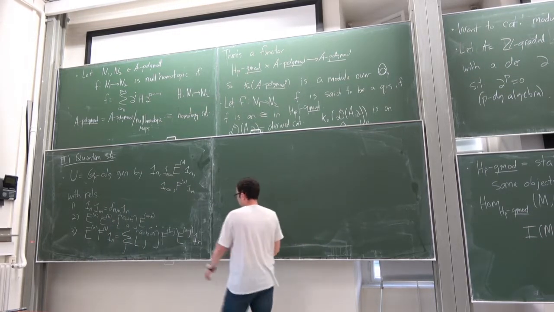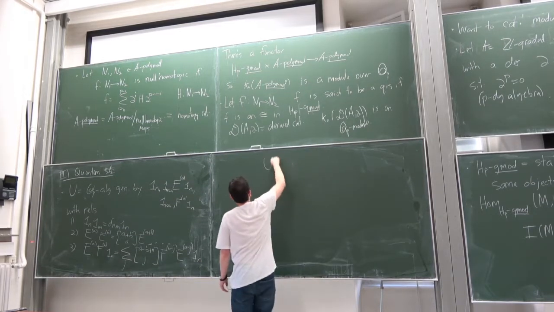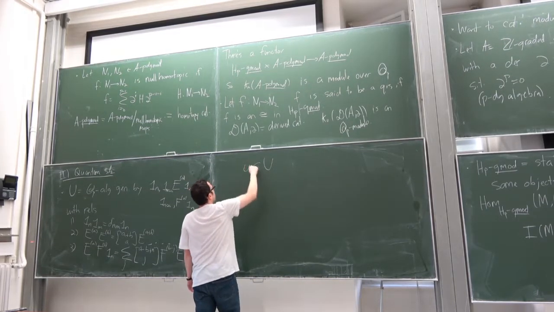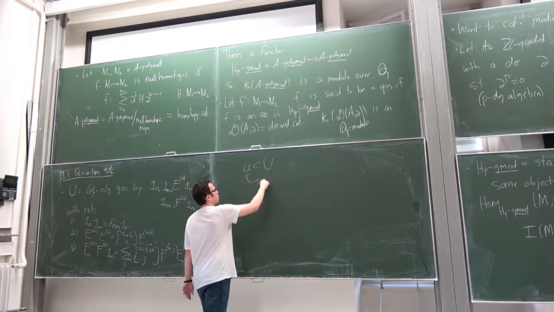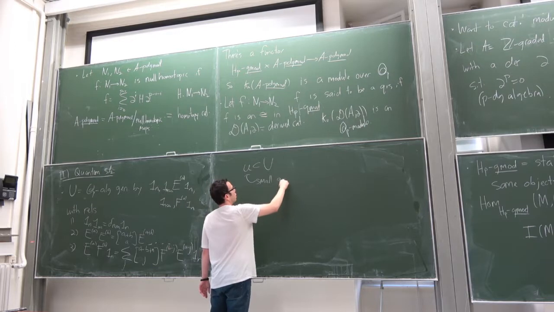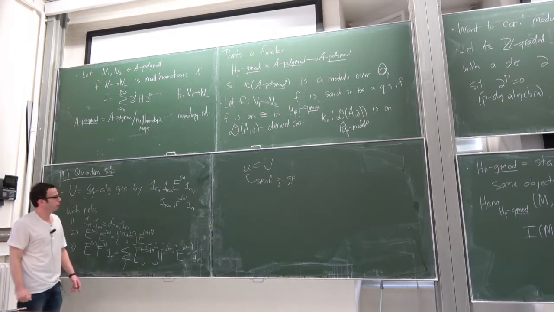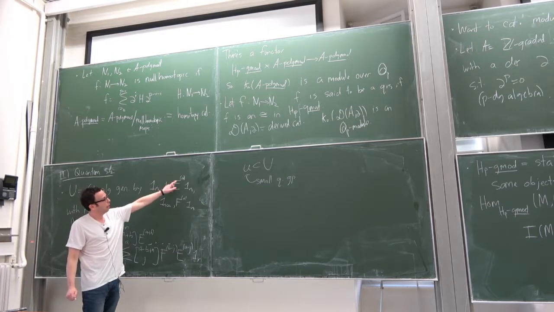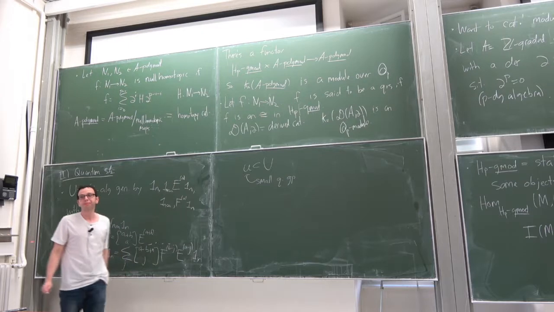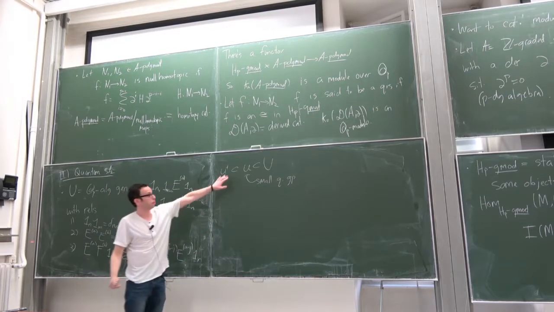And inside of U are some other important objects. So this is the small quantum group. This is just the subalgebra generated by these divided powers where the exponents are just 1. And inside of here is the positive half of the small quantum group.